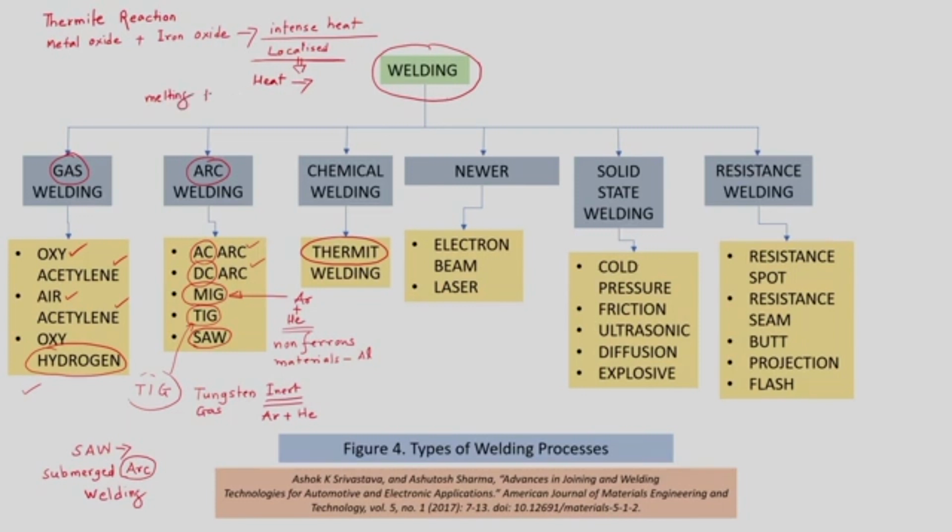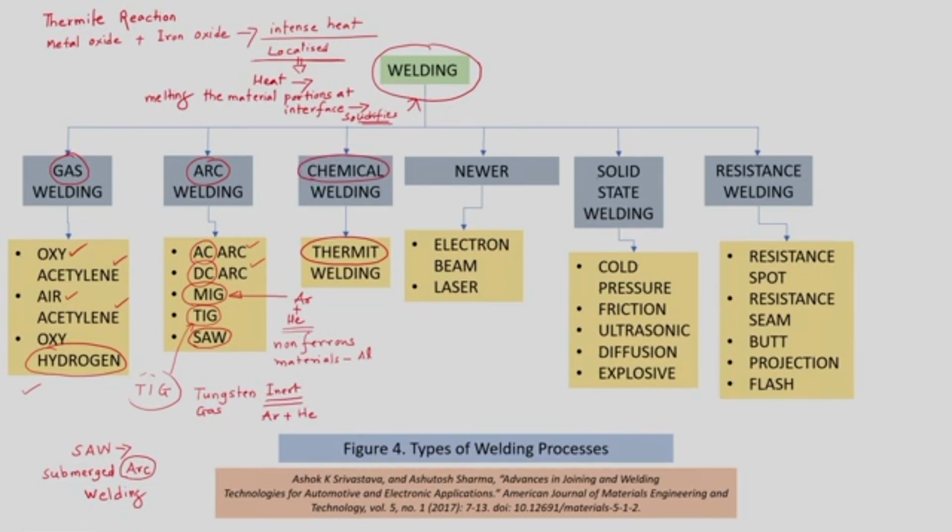It is melting the material portion which is at the interface, and when this molten material is getting cooled down, then there is solidification, and that leads to the welding. So, this is about the chemical reaction that we use during the welding operation.